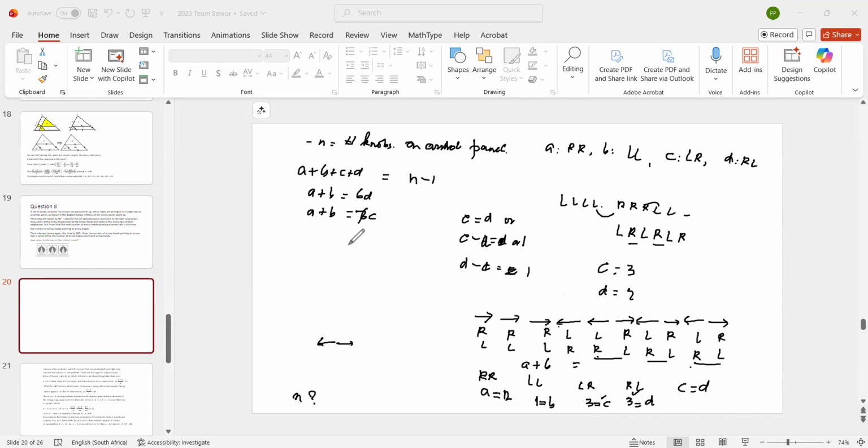Okay, let's have a look at these three equations. I can replace the D by A plus B over 6. Okay, the C here in this equation, I can make it A plus B over 7. And the D in this equation, I can make it A plus B over 6. Right? And that is equal to n minus 1.